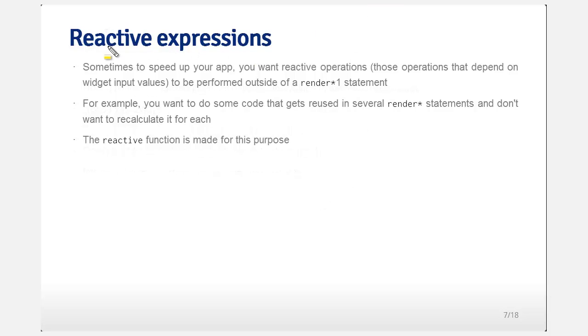Sometimes, reactive expressions, so the render statement, I'll delete that one, is unnecessary there. The render statement is these render plot, render text, etc. Those are reactive statements. They react to widget input, and so on.